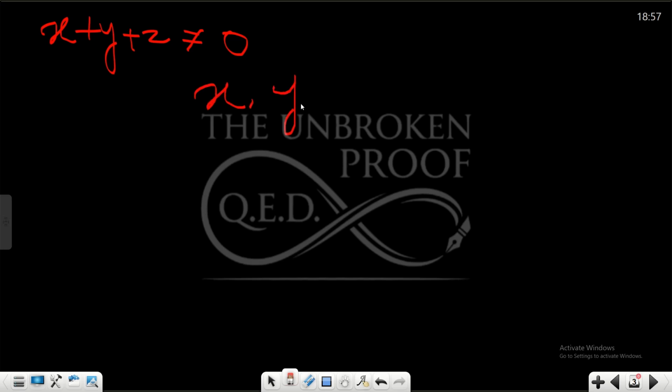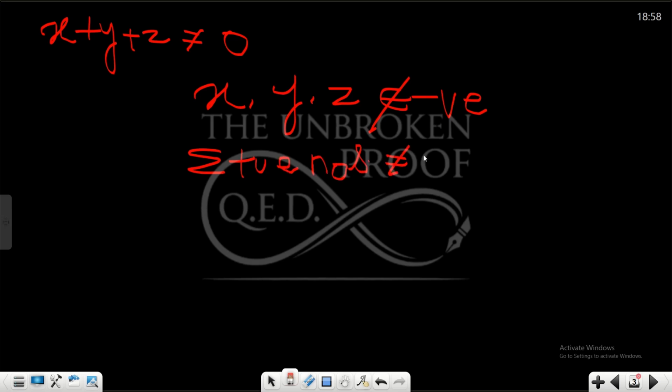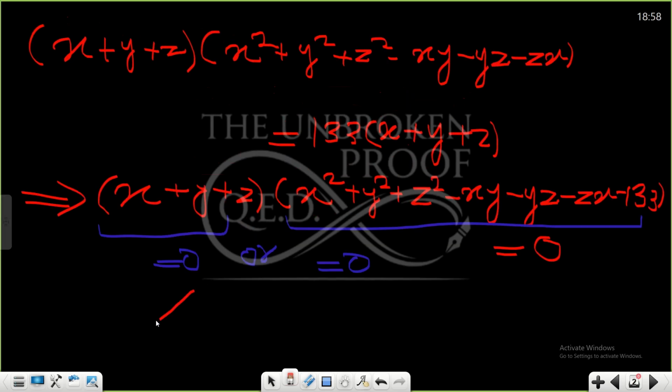The sum of positive numbers cannot give you 0 anyway, and since this is a non-degenerate triangle, we have to only accept real values. They cannot be complex numbers, so clearly 0 is not possible. So that's why this is an invalid case. So the only case is that this second term should be equal to 0.